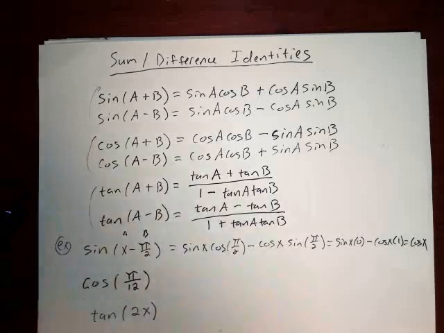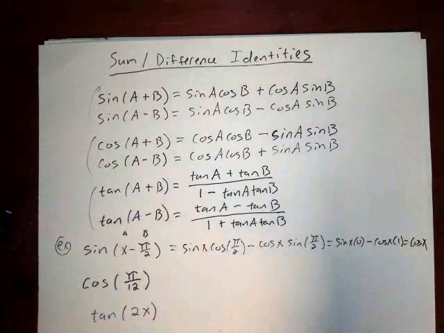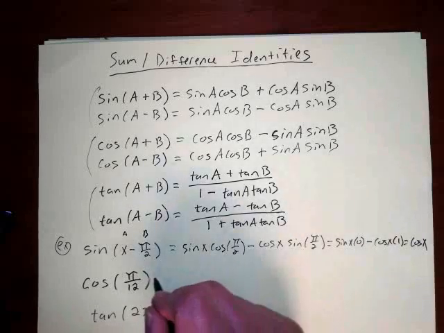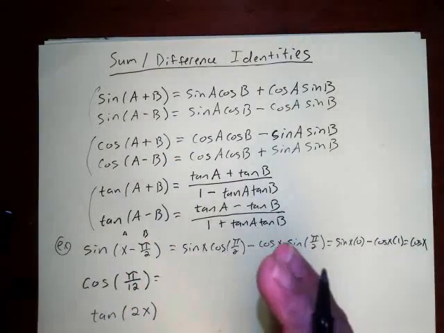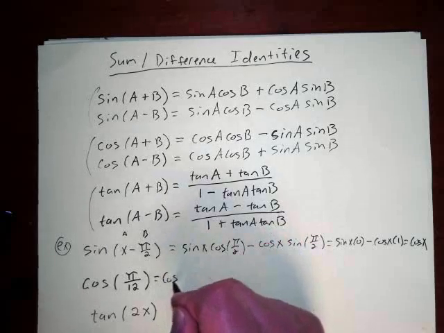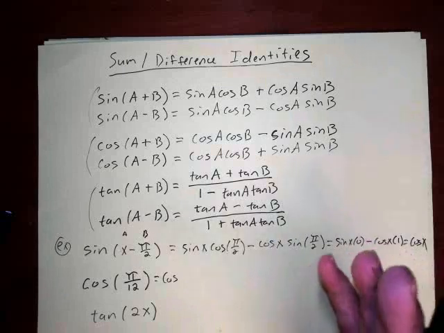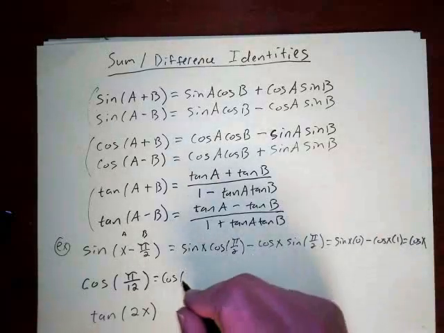So, here's another interesting use. Pi over 12 is not one of our special angles, okay? But notice pi over 12 is 15 degrees. It's half of pi over 6. So what I could do here is take a 45 degree angle and subtract a 30 degree angle, and I'd be left with 15 degrees.